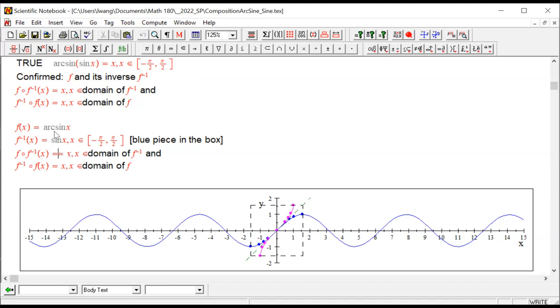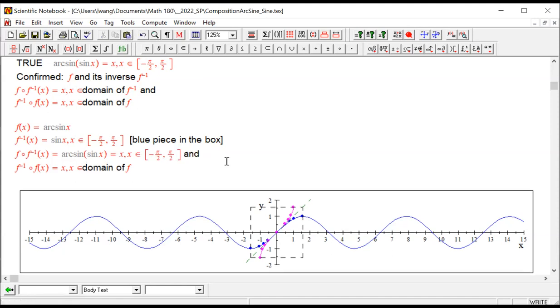F is arc sine, so arc sine of sine, where x is from the domain of F inverse. The domain of F inverse is going to be this guy. You can see that's what we got for this piece.